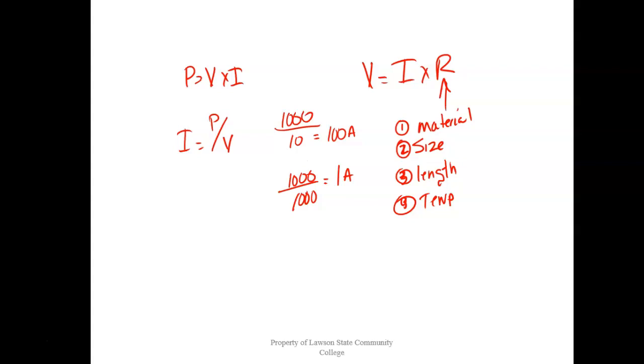Y'all understand that? So the advantage we have with AC is we can run it to a transformer and step the voltage up and down. I can step up the voltage extremely high to transmit it, right? And then when I get it down to you, I'm going to start stepping it down for what? Safety.